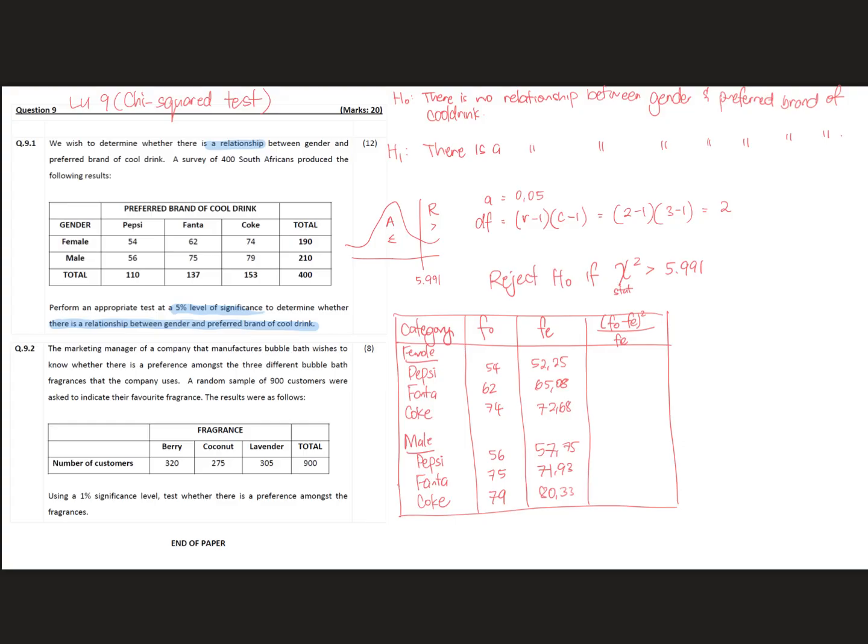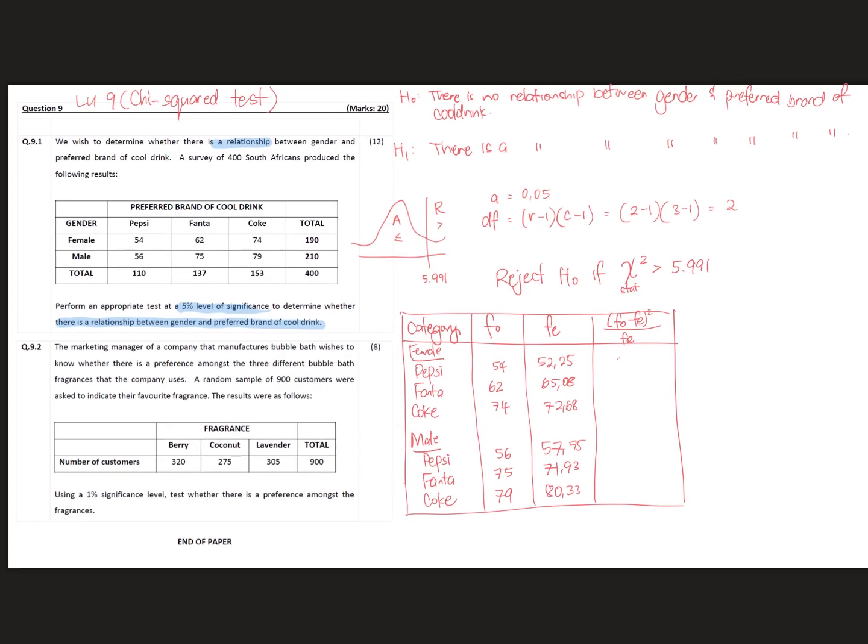And then square that over the FE, which is the 52.25. All right, so this is how you'd calculate that. Sorry, I'm just going to take out the working out in the circles. All right, so this is 0.06. Again, please leave these as two decimals.